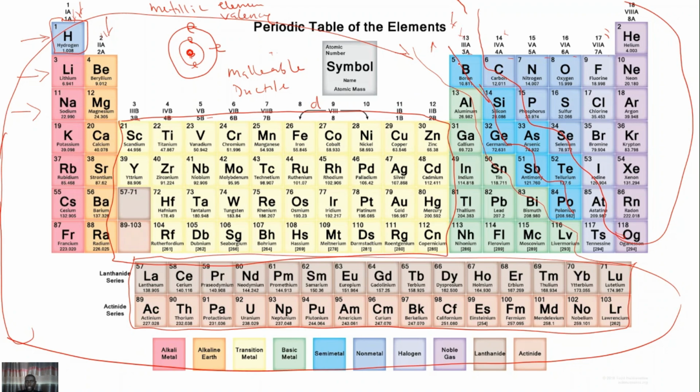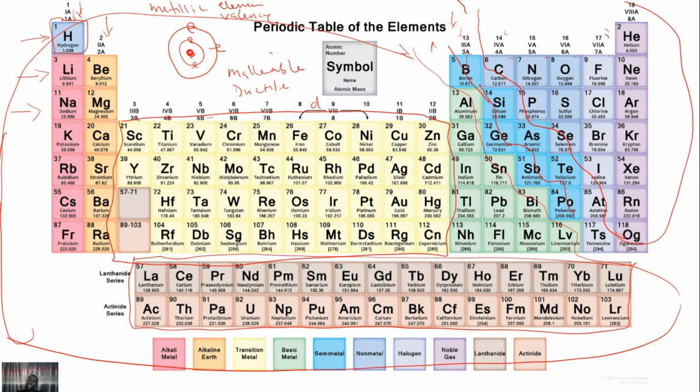Another difference is that because they are poor conductors of electricity, they can also serve as insulators depending on how they are used. The metalloids are used as semiconductors in electronics.